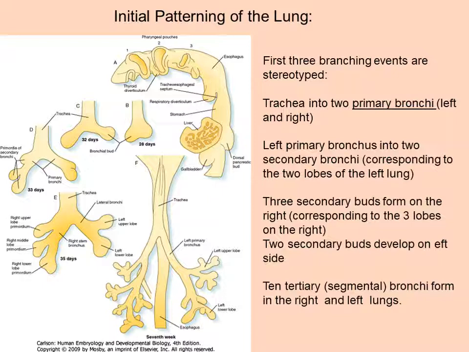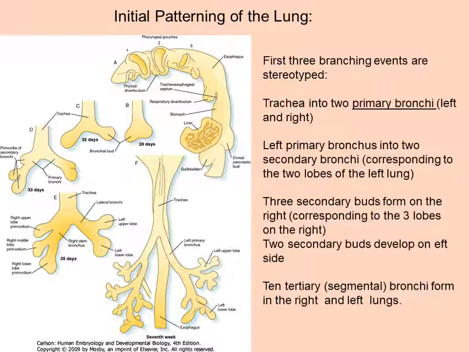Then this primary or principal bronchus divides into secondary bronchi or lobar bronchi around 33 days, and there are 2 secondary bronchi for the left lung and 3 secondary bronchi for the right lung.